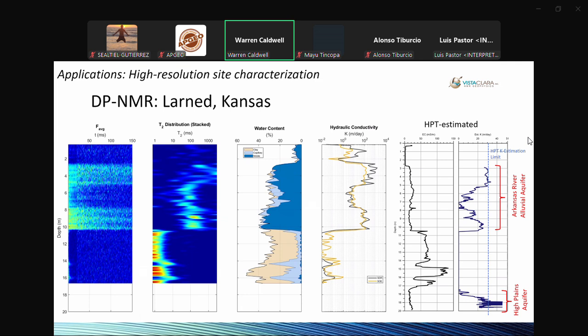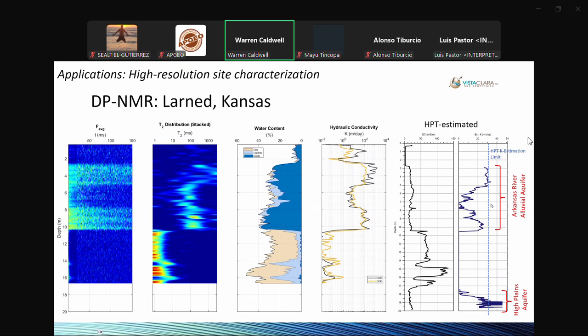So the strength of that compared to the NMR, NMR is only estimating hydraulic conductivity. The HPT tool is physically measuring it. So that is preferable in some ways, but it has a limitation in that there's an upper limit to what it can detect because of the limitations of how fast it can inject water, how much pressure it can generate.